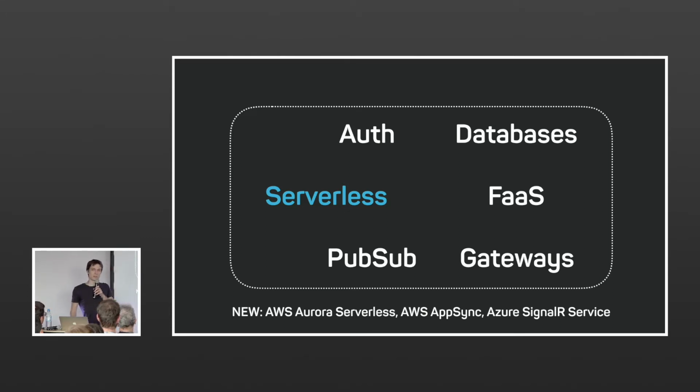And there are more services getting created all the time, like AppSync and SignalR service, which are replacing technologies which were usually tied to server instances and turning them into serverless services, which are automatically scalable by design, where you pay for the actual usage.